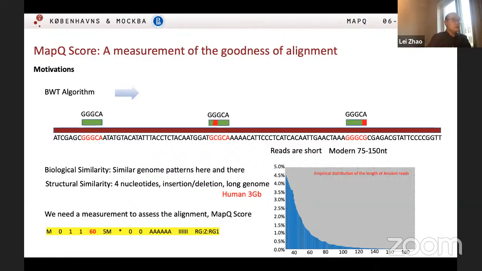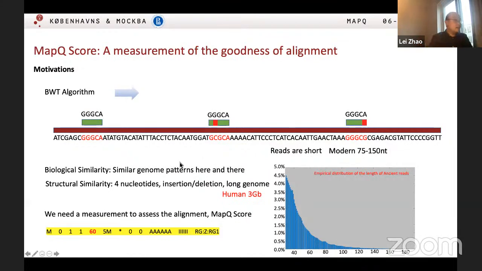So when I say biological similarity, I mean that along the genome, there'll be certain regions that actually repeat again and again due to some biological or genetic reasons. And so if you happen to map a short read originating from such a repeated region, there'll be several possible positions where you can map this short read.